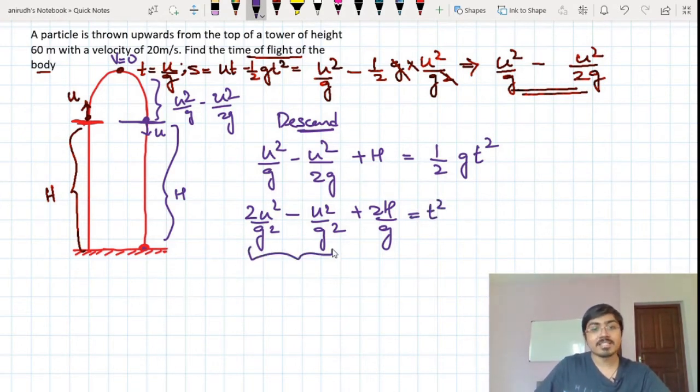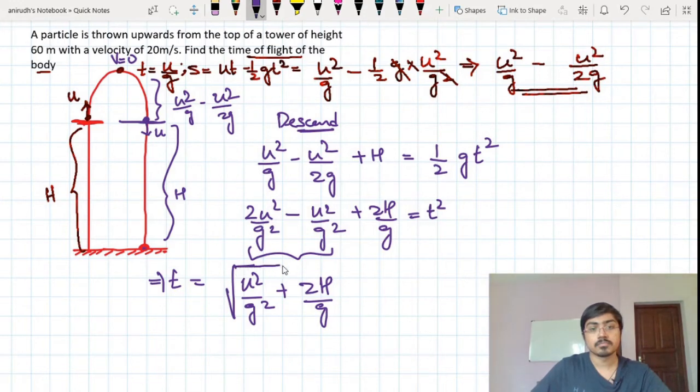So how much is this? 2u square by g square minus u square by g square is u square by g square. So from here I am going to get an equation like t is equal to root of u square divided by g square plus 2h by g. So this is my first equation that I am going to get from this.